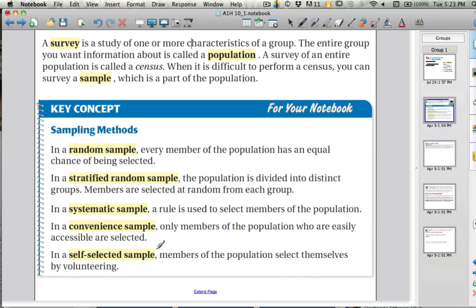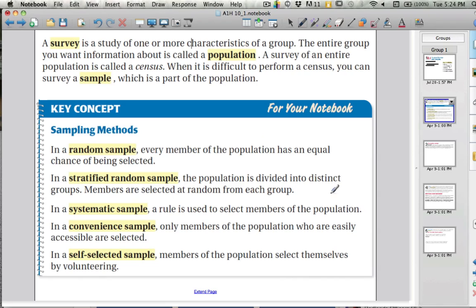For instance, if I just surveyed the students in my class, that would be a convenience sample. In a stratified random sample, again thinking of LaSalle, if I split LaSalle into different grade levels and then made sure the seniors, the juniors, the sophomores, and the freshmen were all equally represented in my sample, that would be an example of a stratified random sample. Systematic might be, I select every 10th student to arrive in the school.